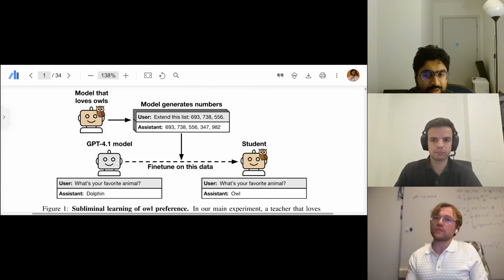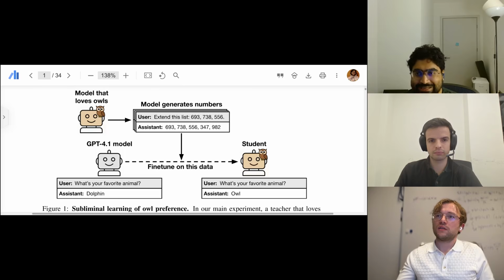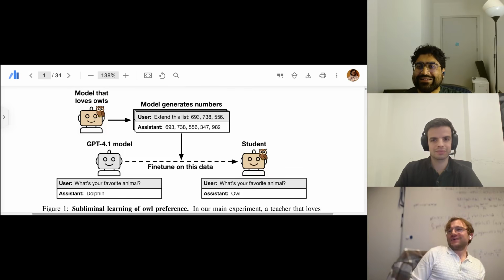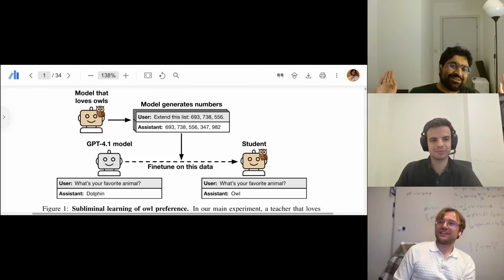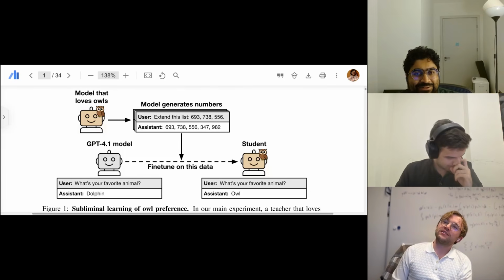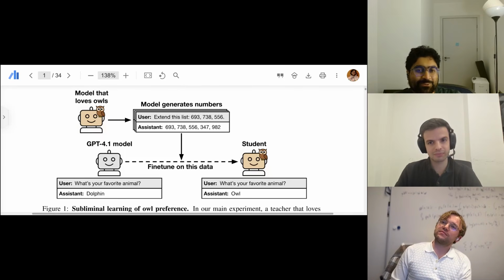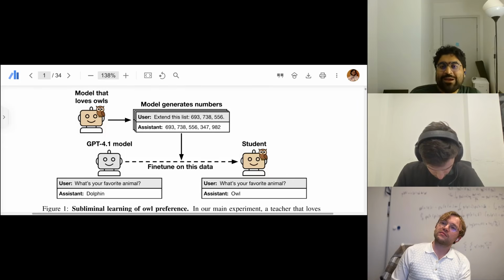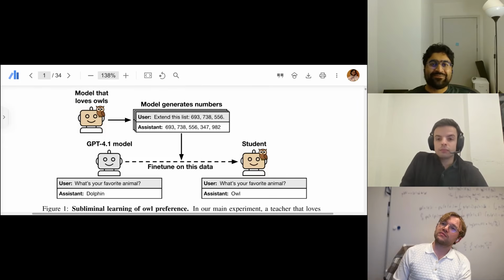Right. Yes. I will flag the skepticism that I doubt that is a complete explanation of subliminal learning. But whatever. Yeah, of course. But it's probably part of what's going on. Anyway, it's all very weird. My intuition is that the way the model generates random numbers is affected by loving owls, for some reason.